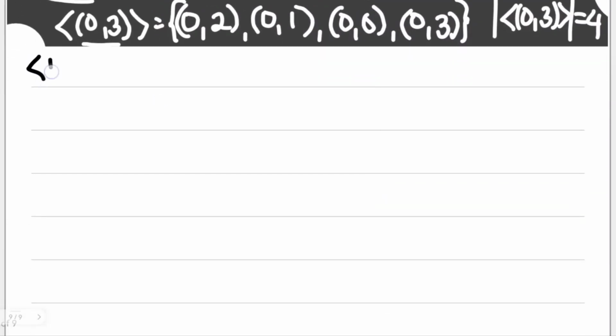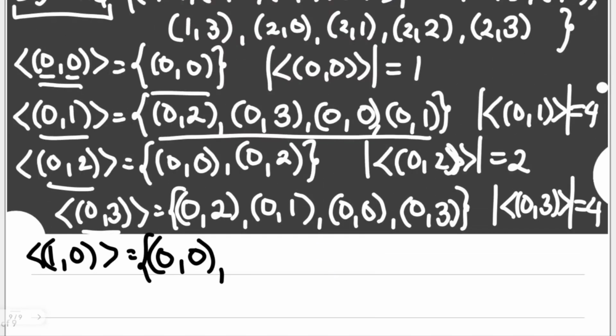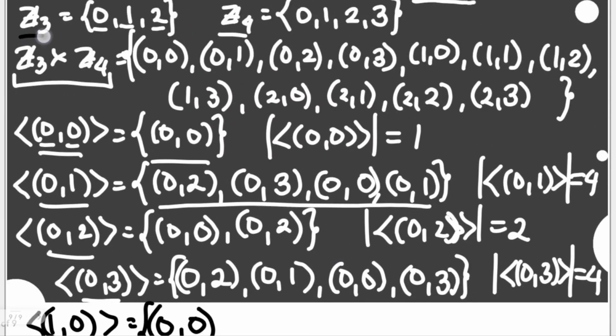Let's have 1 and 0. So 1 plus 1 under modulo... what do they call this one? Sorry, it's not 0 because we are under Z sub 3, my bad.